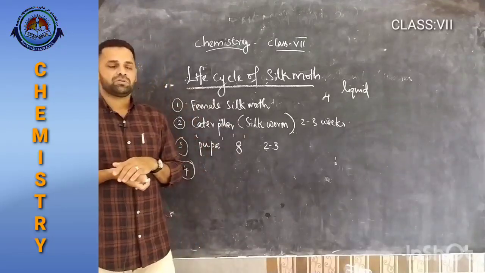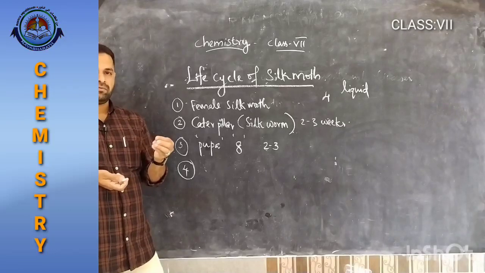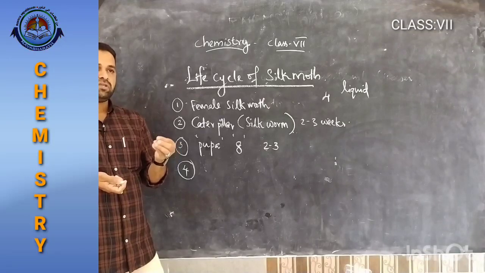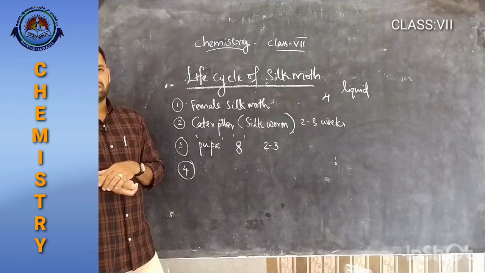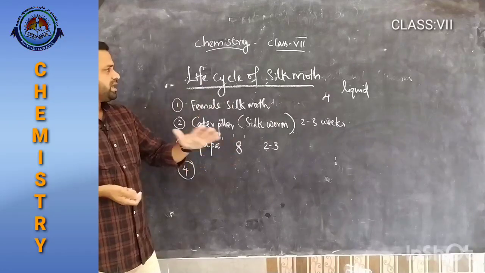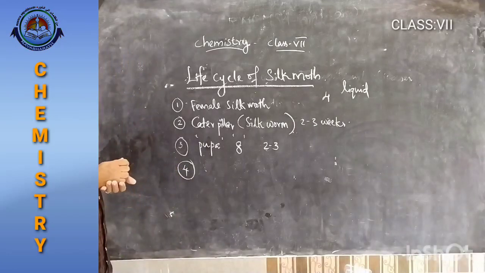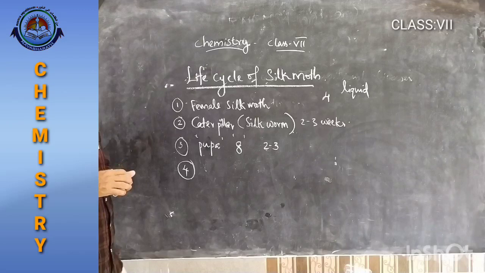The adult silk moth exists for very few days, and within a few days they will die. So, this is the life cycle of the silk moth.